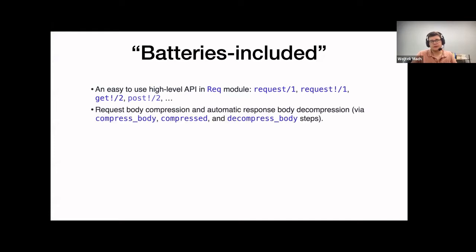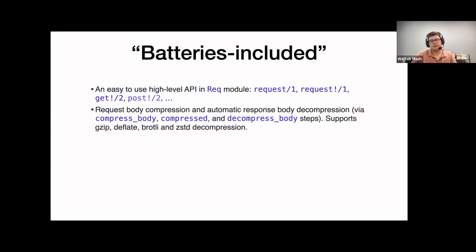Another feature is request body compression and automatic decompression. We've seen the decompression already. And here I write that these features are done via these steps, and we're going to talk about steps a lot pretty soon.